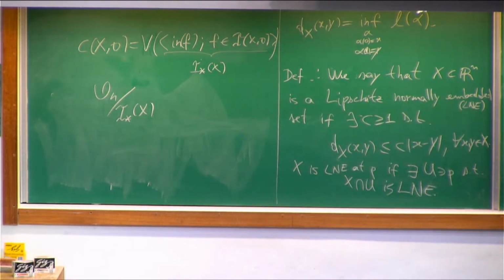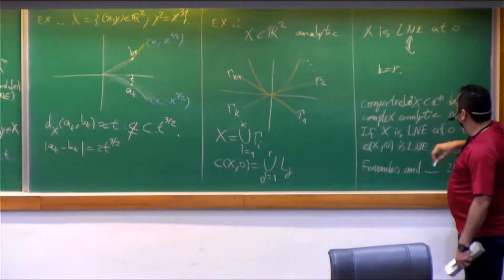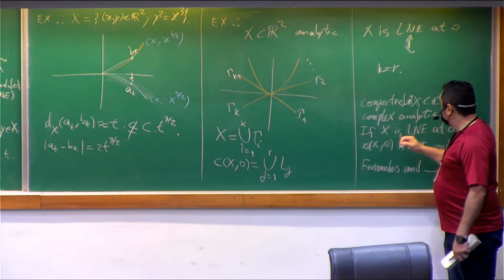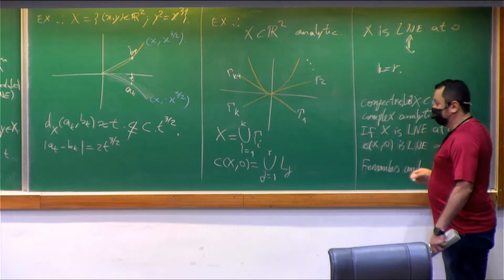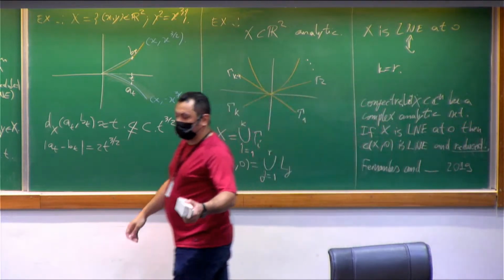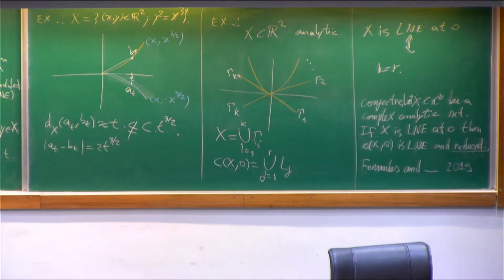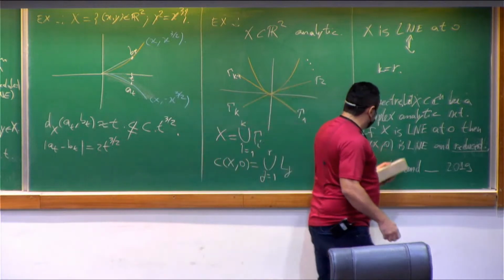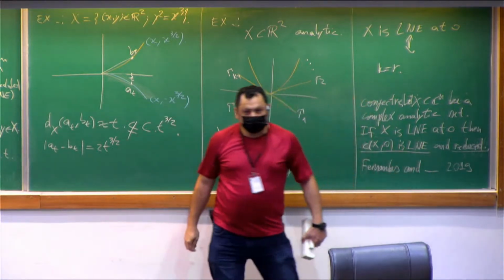We could define a generalized notion of what reduced means here, even for subanalytic sets, and we could prove, for example, if X is a subanalytic set, and if X is LNE at 0, so the tangent cone is LNE and is reduced with that definition. I will not define what that means, but I will prove this part here.